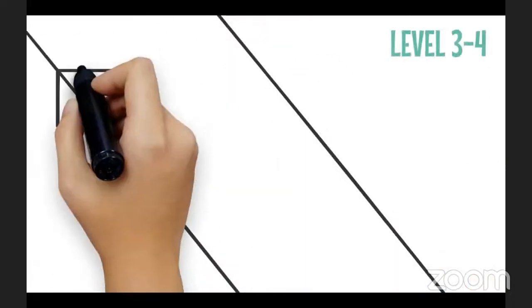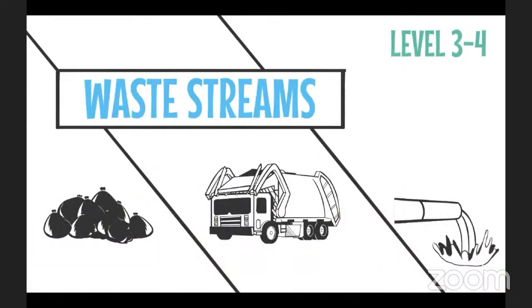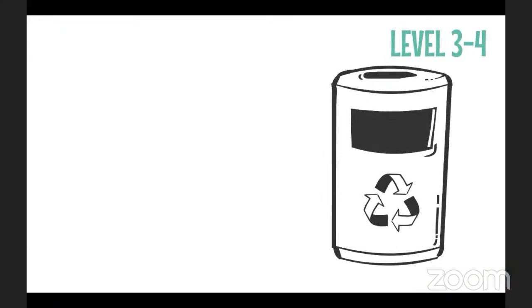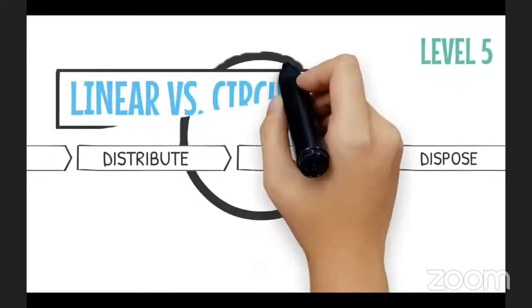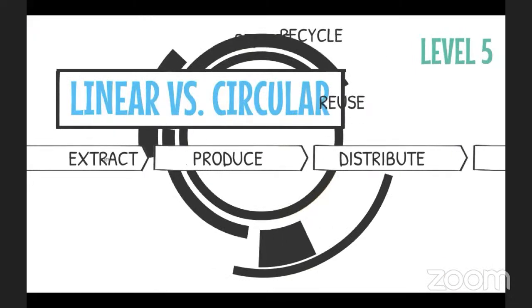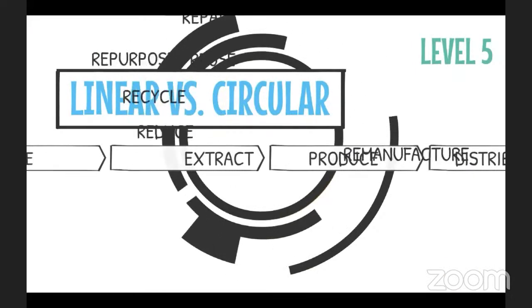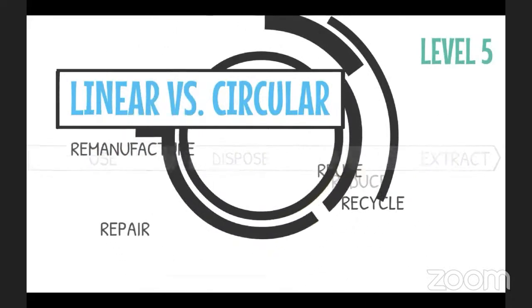Levels 3 and 4 introduce the concept of the waste stream and how litter can enter the environment. Recycling best practices are presented as a way to prevent waste leaking into nature. Level 5 introduces students to the linear and circular economy and how circularity can be designed into a product or business life cycle through a redesign challenge classroom activity.